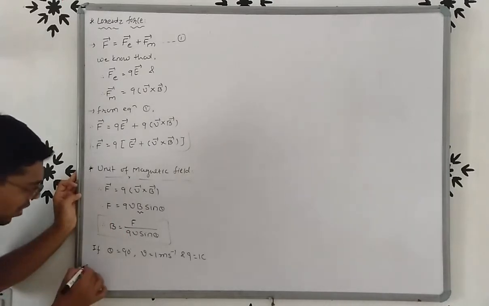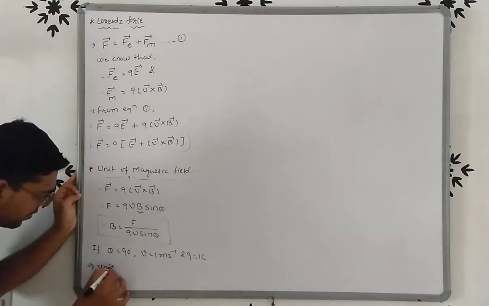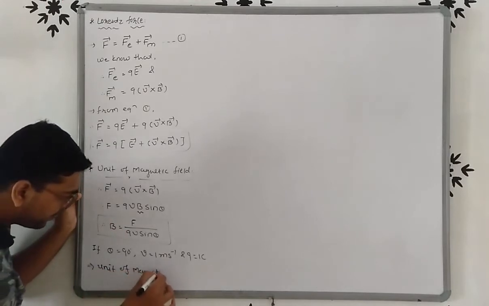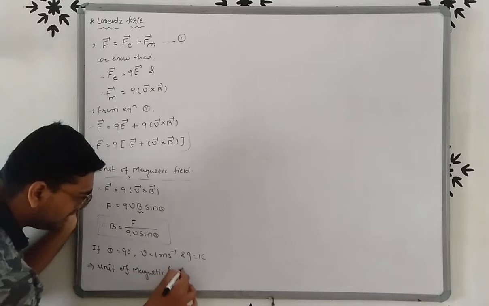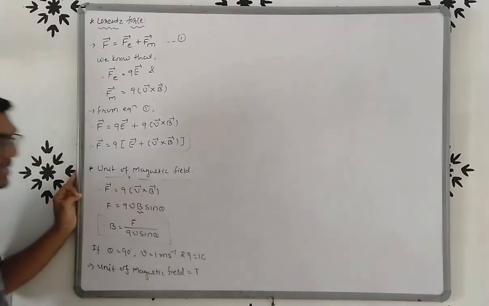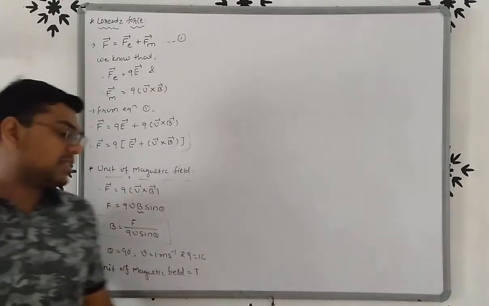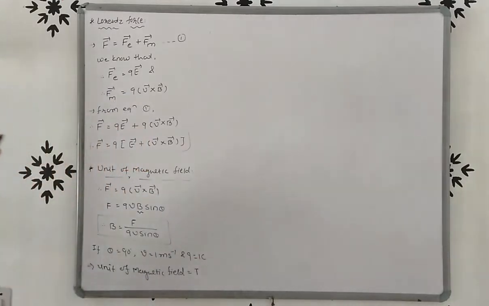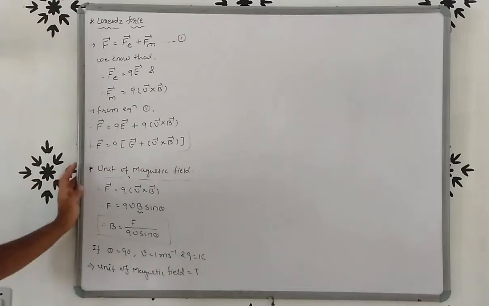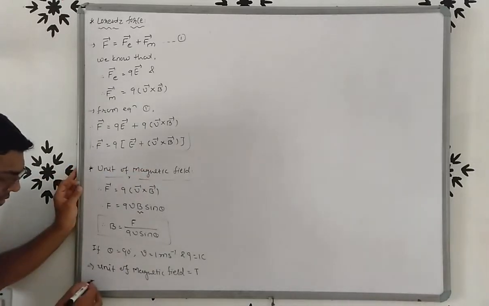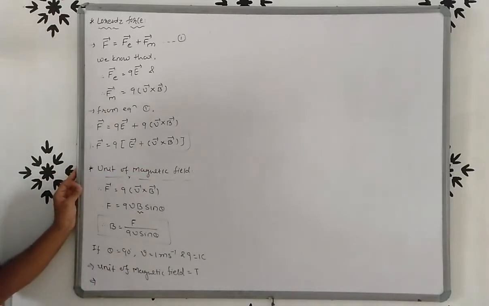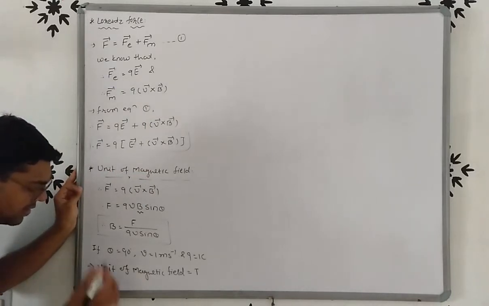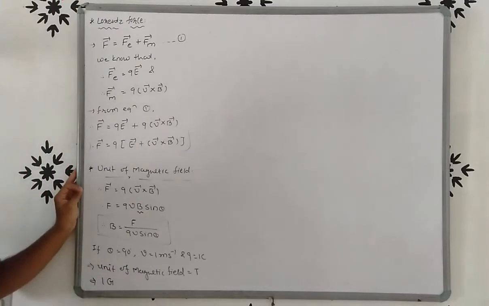And the unit of magnetic field is Tesla, denoted by capital T. Another unit, the CGS unit, of magnetic field is capital G, that means Gauss.